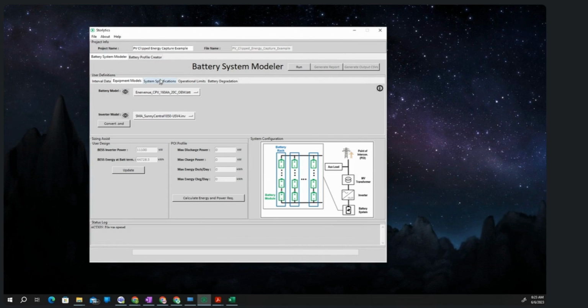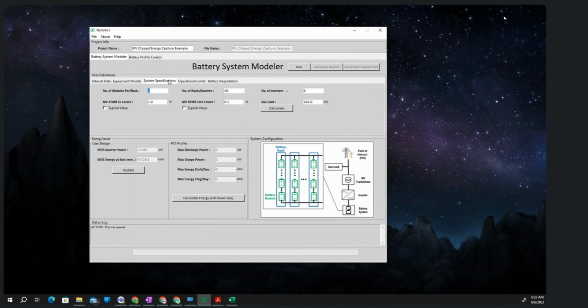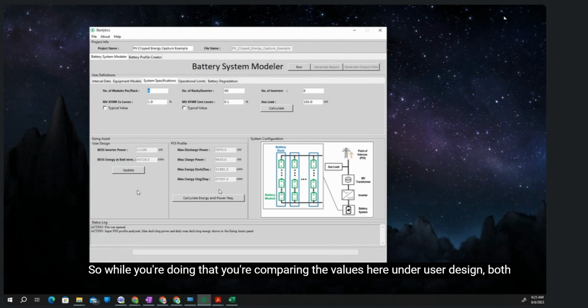Cool. Right. So here we were simulating a generic lithium iron phosphate. And then here you specify the sizing of your system. While you're doing that, you're comparing the values under user design, both system power and energy, to what was needed within the POI profile that you inputted.